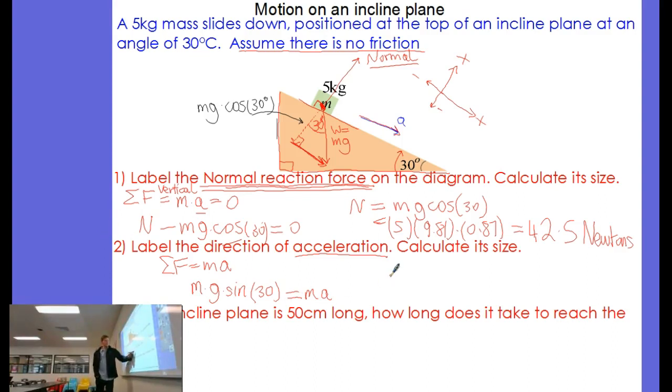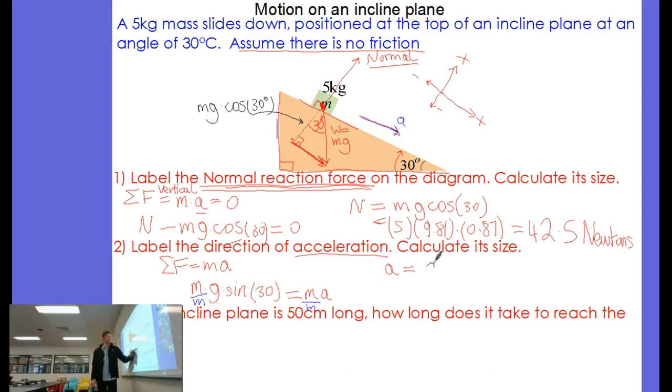Okay, so then what would I do from that equation to determine the acceleration? Divide by the mass. And notice over here I've got a factor of mass on this side of the equation as well. So if I divide by mass on both sides, it's dividing itself here on the right, cancelling itself out, isn't it?